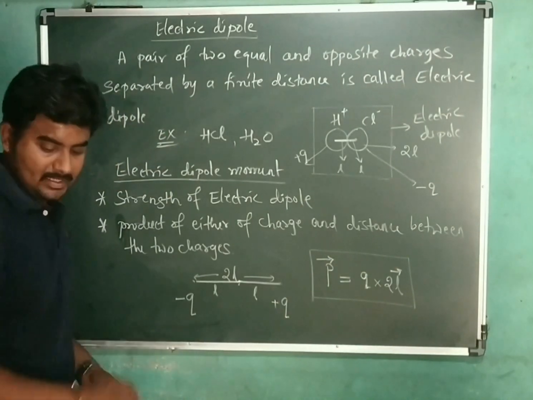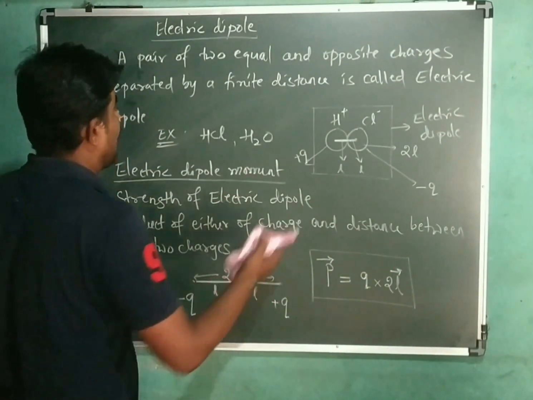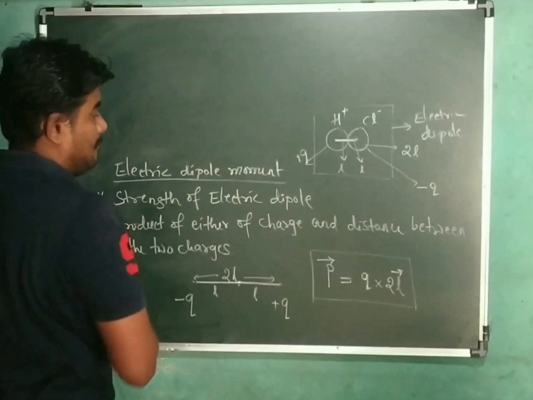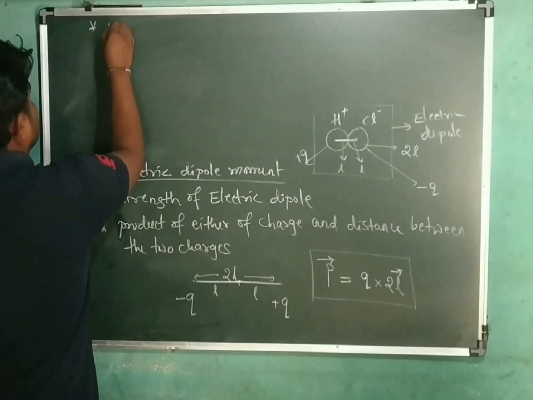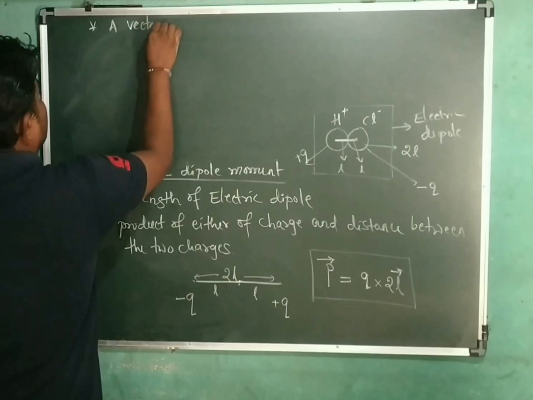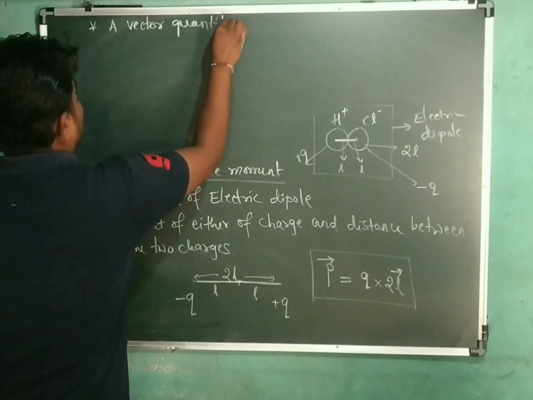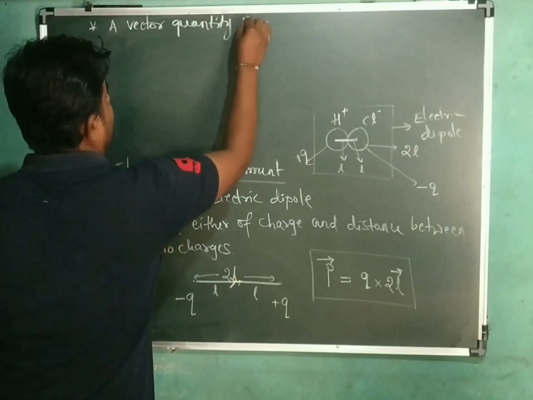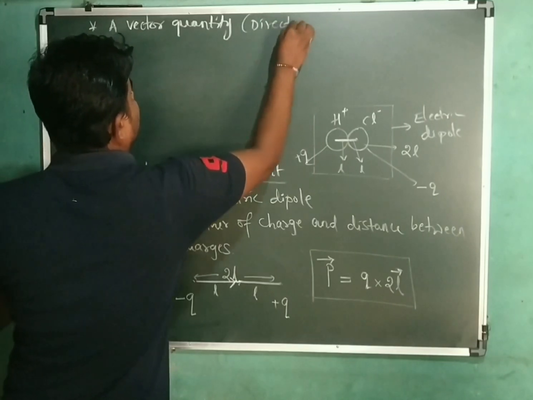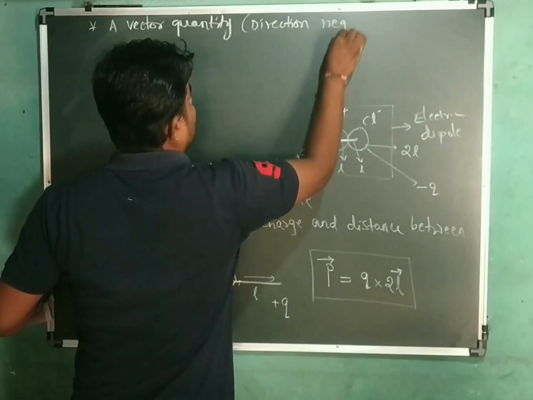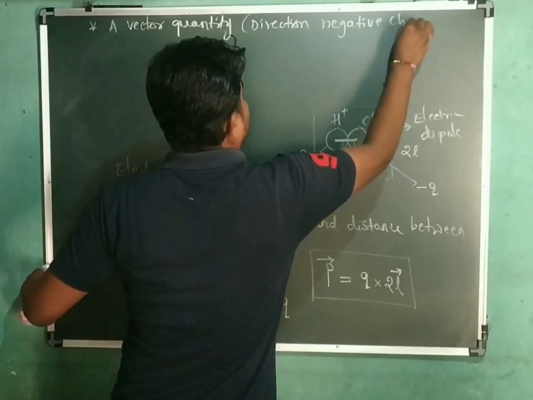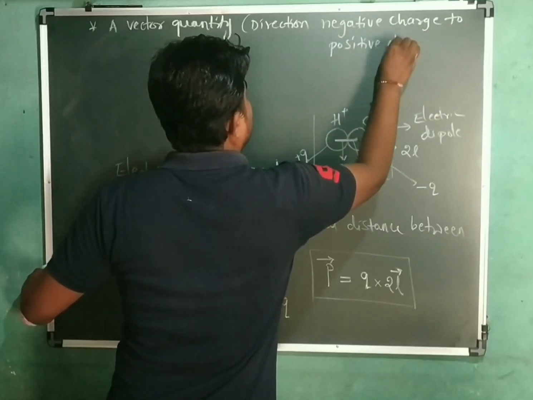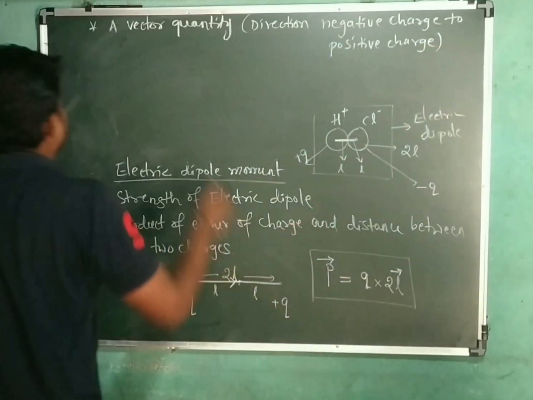Some of the noteworthy points of electric dipole moment I can write here. Electric dipole moment is a vector quantity, and its direction is always from negative to positive charge.